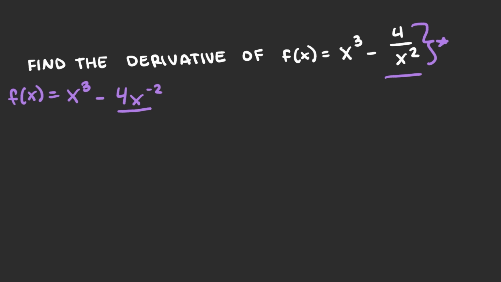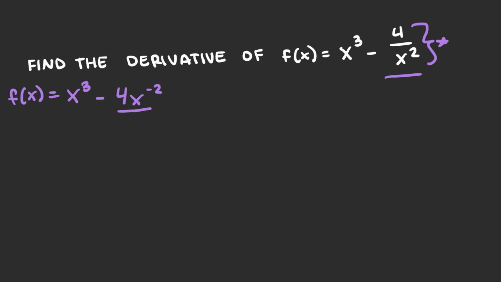So now let's apply the power rule to our first term, which would be 3x to the power of 3 minus 1. And then for our second term, we would have minus negative 2 times 4x to the power of negative 2 minus 1.